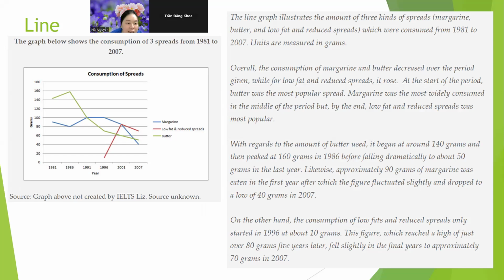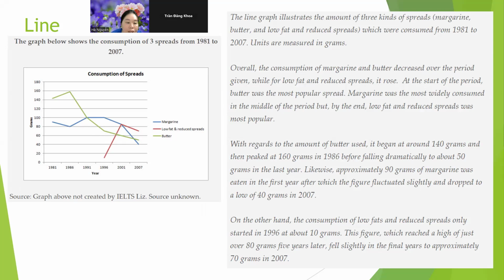Now, what is the second most common spread at the beginning of the period? And the margarine. Good job. Okay, so margarine in 1981 was the second most popular at about 90 grams consumed. What about low fat and reduced spread? When did it start?